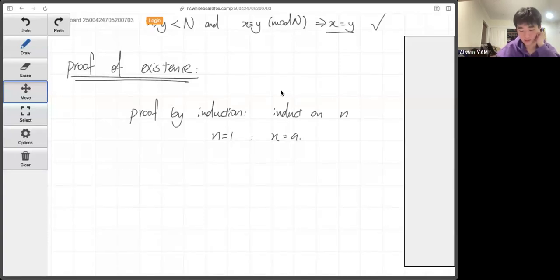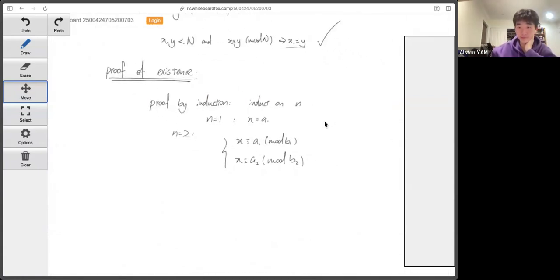So the more interesting case is n equals 2, which was what we did at the very start. But now we're going to do it generally, right? So we must have x satisfies a1 under mod b1, and also x satisfies a2 under mod b2.